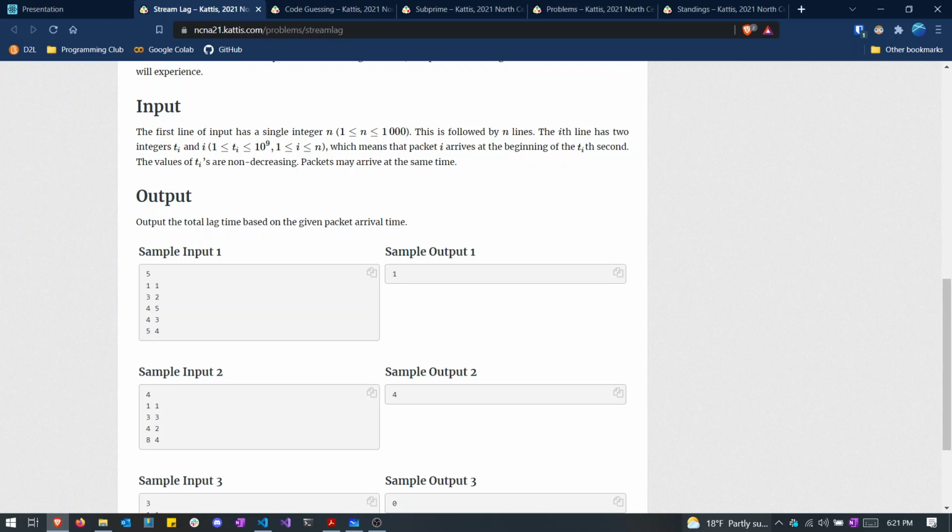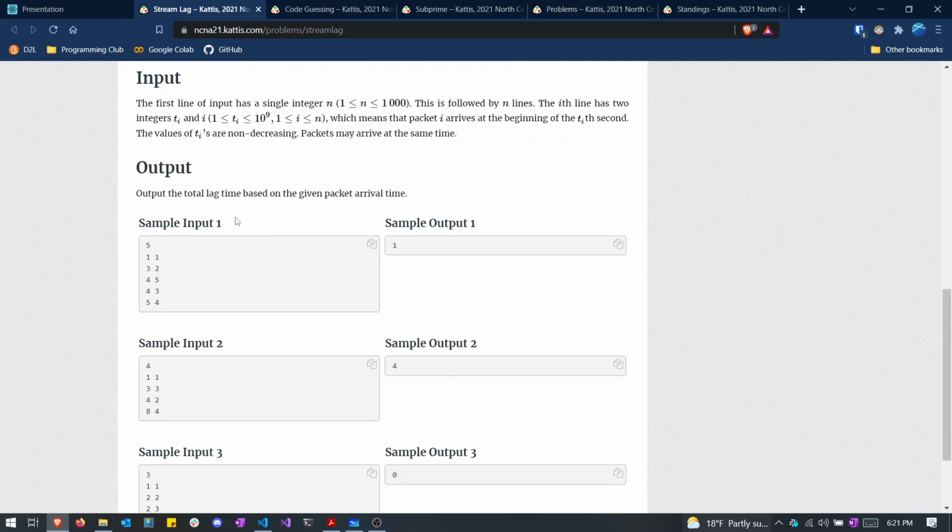All the following lines are times followed by what packet was received at that time, and there can be multiple packets per time, but as you can see here, the duplicates are listed separately, so that makes input fairly easy.